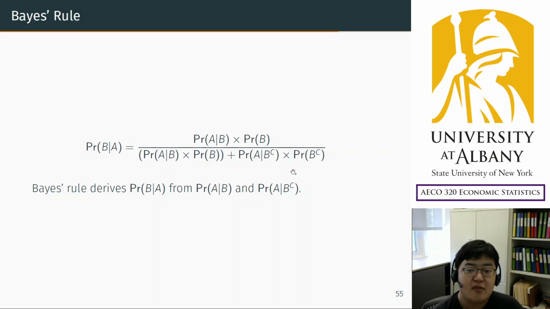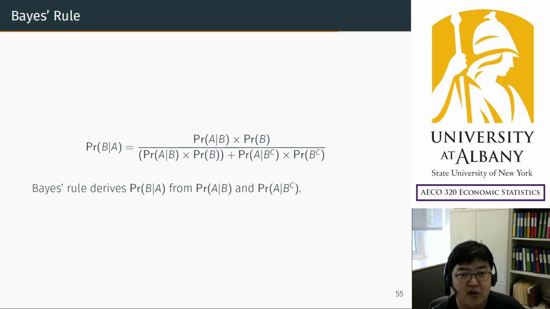So Bayes rule, the main purpose of this formula is to obtain B given A from the information about A given B. A given B and A given B complement is what we have. From there, we'd like to switch the main event and the condition. Then you may apply the Bayes rule, or you may use the tree diagram method. It's up to you.